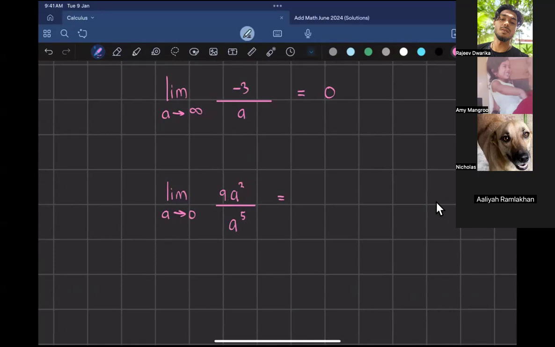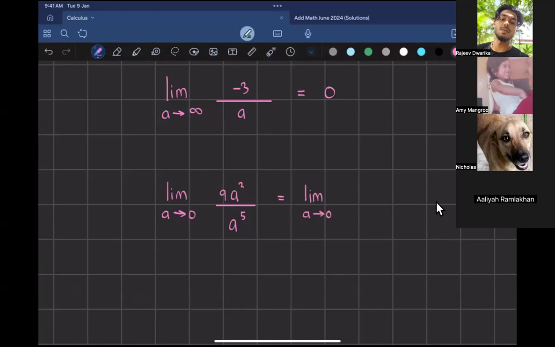Limits. Limit, yeah. Wait, it'll be A to 0. Say A approaching 0.